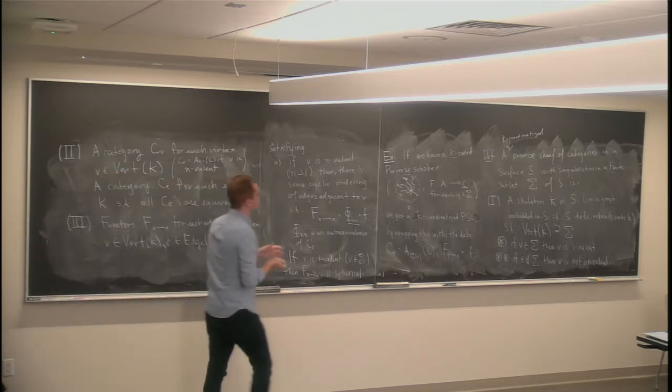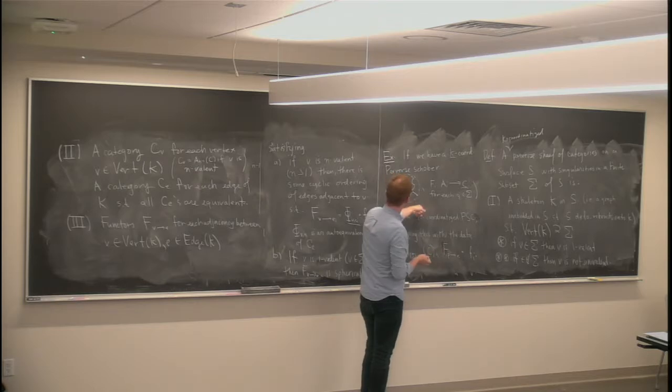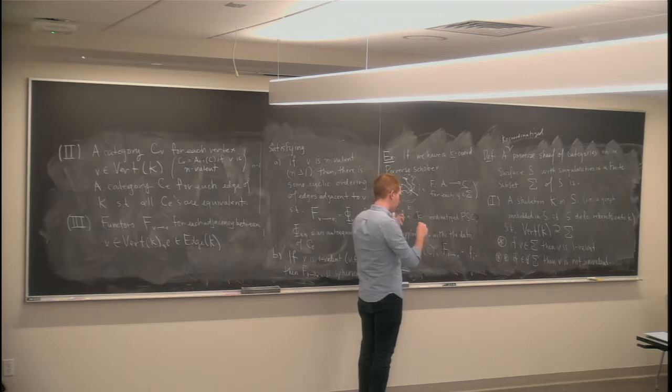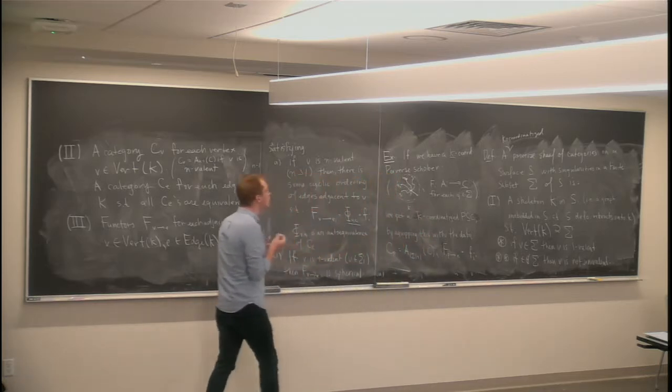Okay, so here we have a bunch of functors and a bunch of categories, and what this K-coordinatized perverse Schober is, is some sort of diagram of categories essentially.